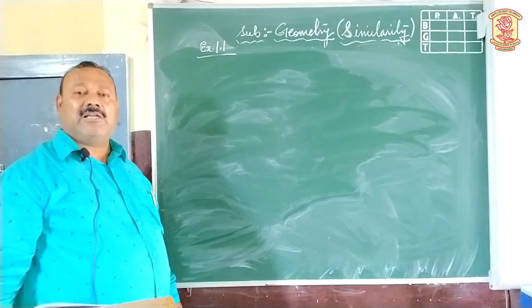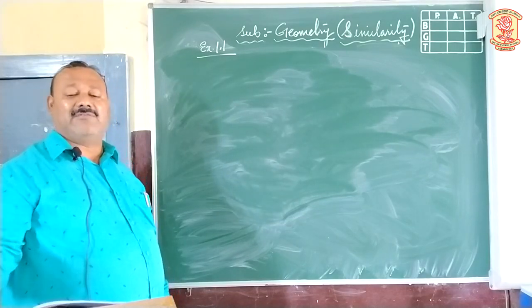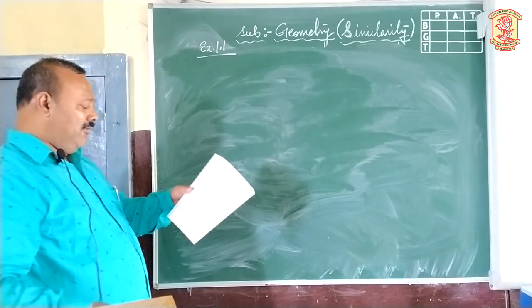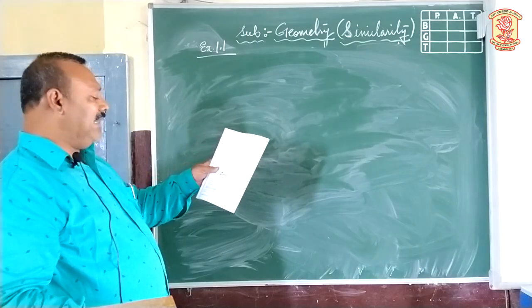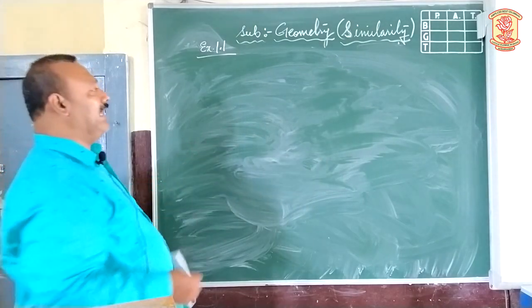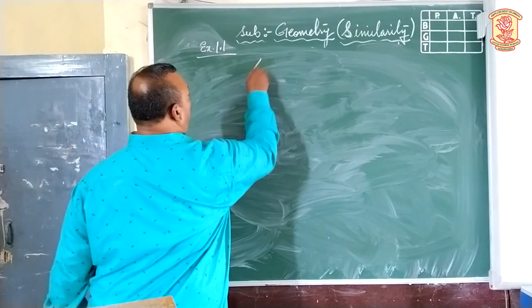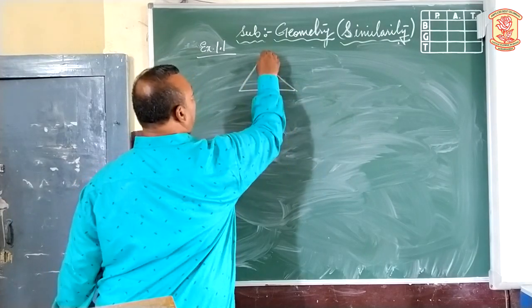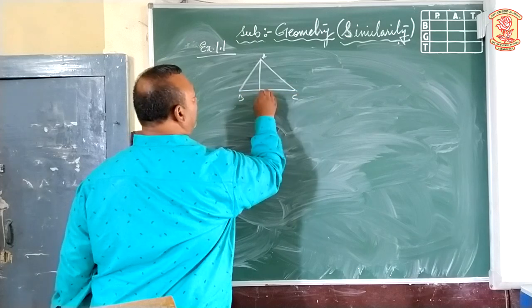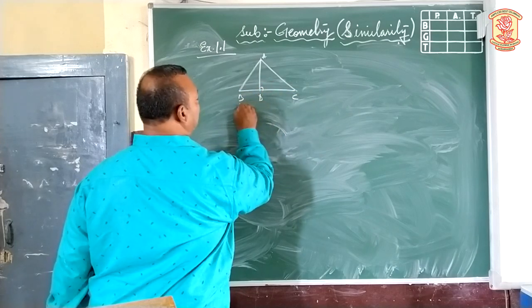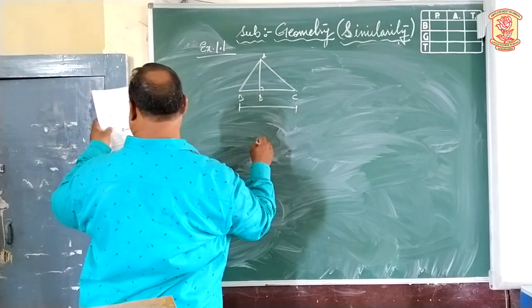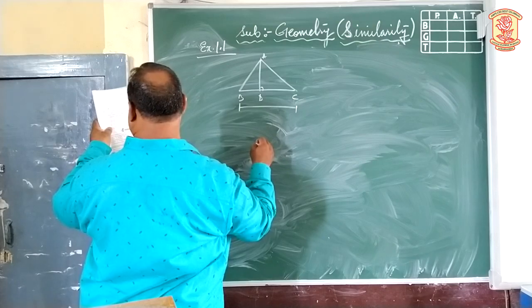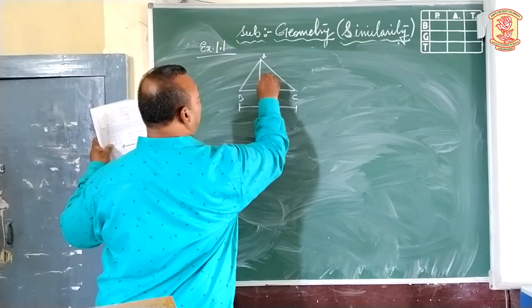See the questions which are based on exercise 1.1. Now, the base of a triangle is 9 and the height is 5. For example, two triangles are there. This is the first triangle ABC, altitude AD, base is 9, height is 5.